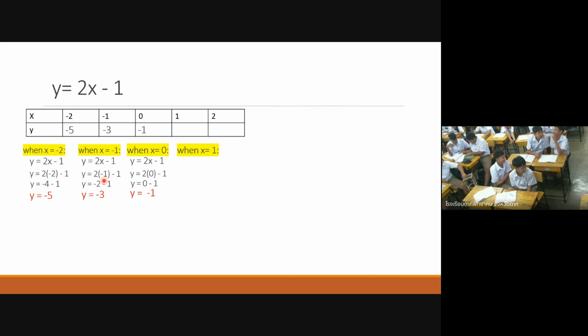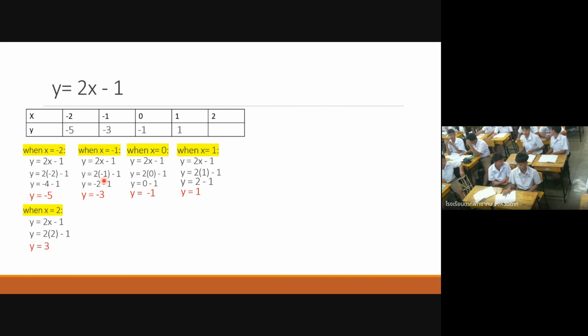The answer is 1. How about when x is 2? What's the value of y, everyone? The answer is 3. Do you understand? 2 times 2 minus 1 is 3, right?